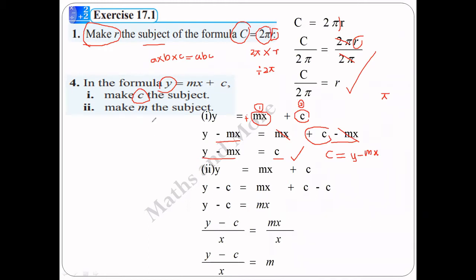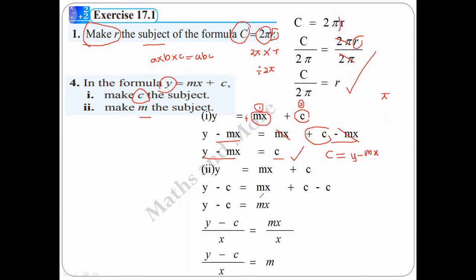Now Roman number 2: make m the subject. Again write the equation and check where m is. M is here. You know there are two terms in this formula.